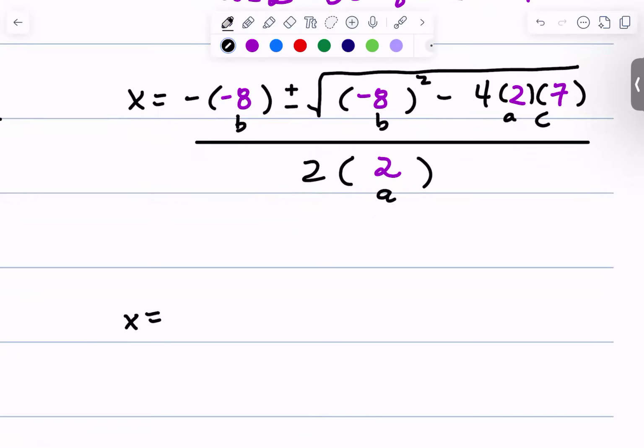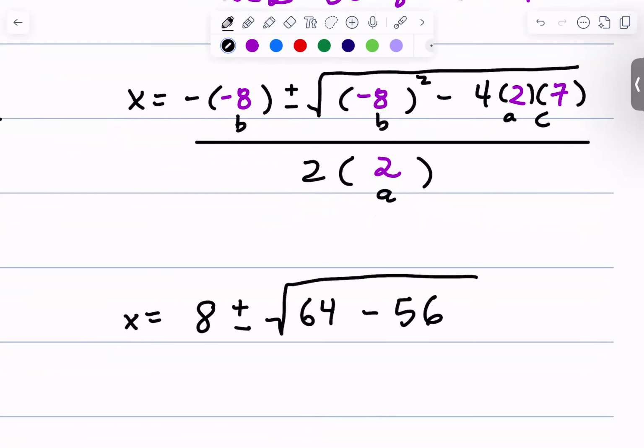So if we simplify this, it'll be negative times a negative, which is a positive, 8 plus or minus the square root of 64. Negative 4 times 2, that's negative 8 times 7, that's negative 56, all over 2 times 2, which is 4, right?